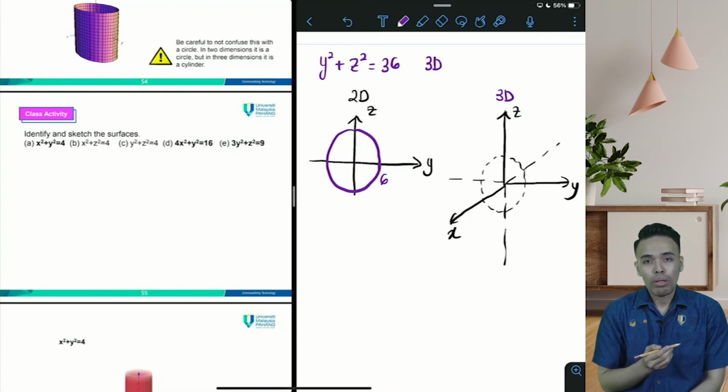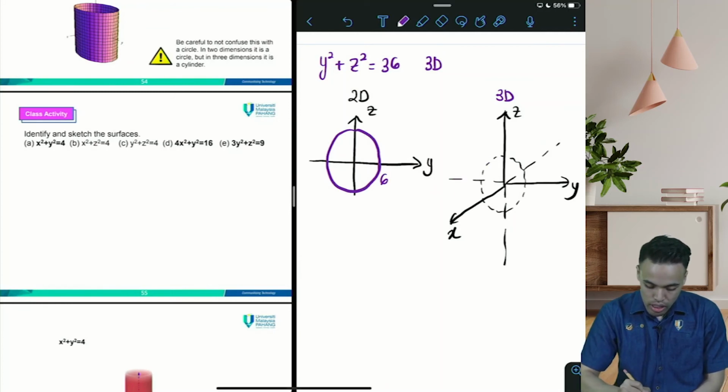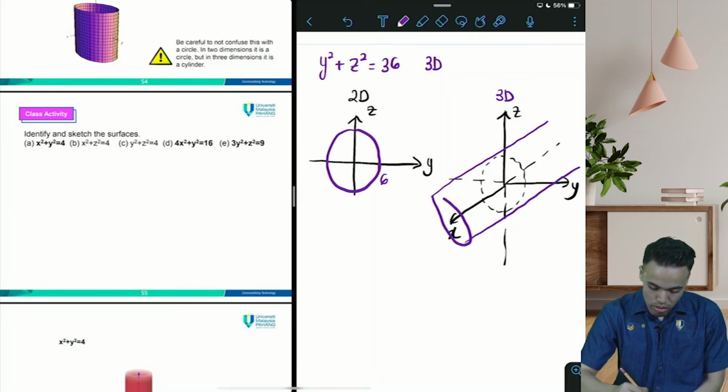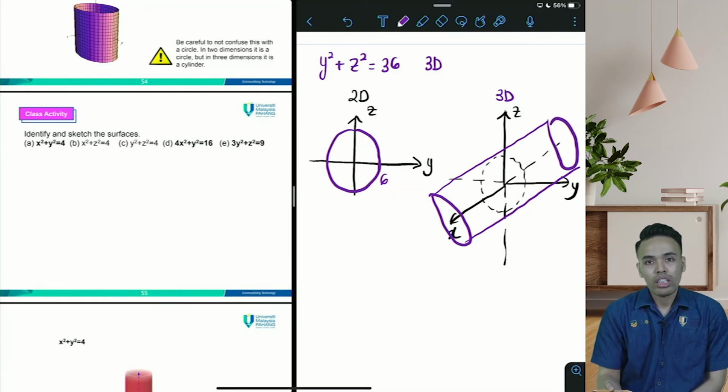Therefore, it will be traced along variable x. So you will end up getting a cylinder, and this cylinder is traced along variable x. So that's how you sketch the circular cylinder.